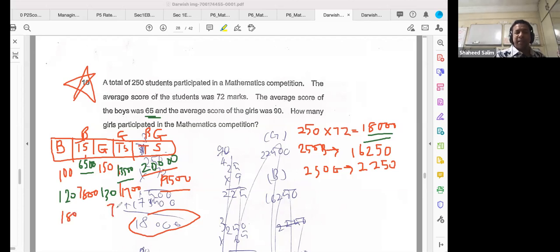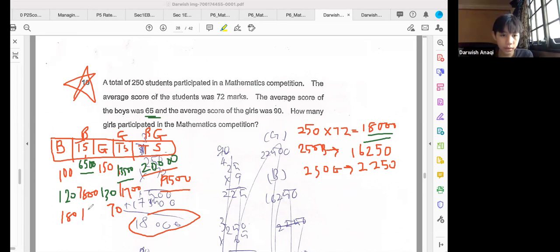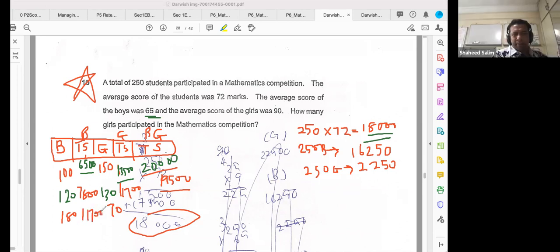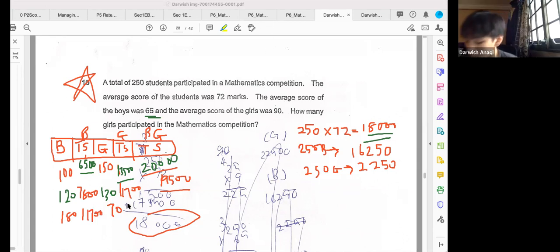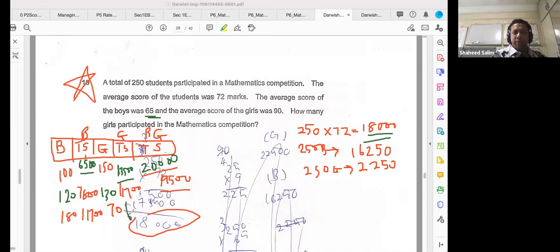We are just trying to see whether it works. 180 times 65 is 11,700. Then 70 times 90, 70 times 9, 6,300. Can you add them together? I think you get 18,000. Correct? So you find the answer, there's 180 boys, 70 girls.